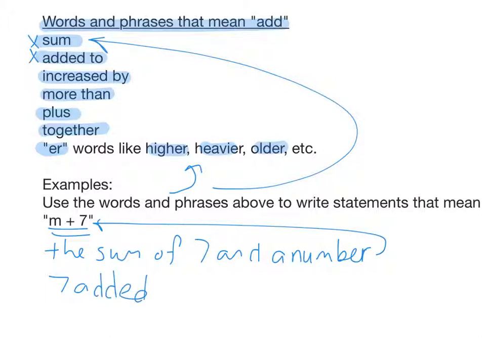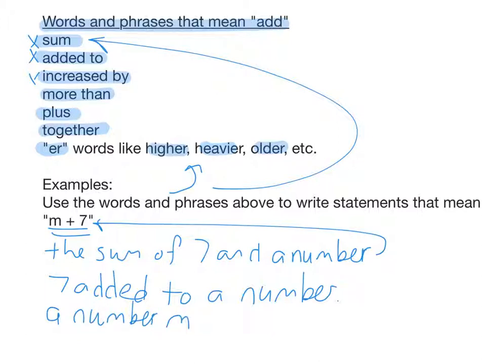Or 7 added to a number. I blame the stylus. It's the stylus's fault. That would be m plus 7. Increased by. Increased by, you would need to say the first thing first. A number, or m, or sometimes they'll even say a number m increased by 7. That means m plus 7.